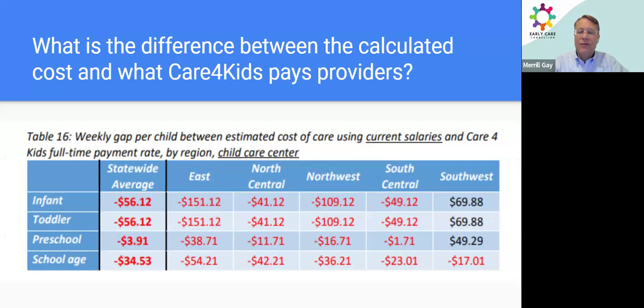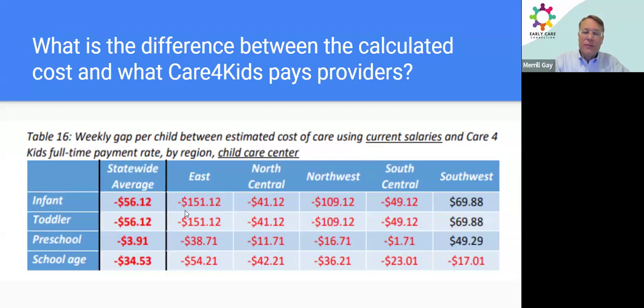Those are in Fairfield County, where the costs of doing business are much higher. Rent is more. Because rent is more, you have to pay staff more in order for them to be able to live anywhere near where you have your center or are trying to run your family childcare business. So those are the only places where Care for Kids is actually paying more than what the statewide average of costs is supposed to be.